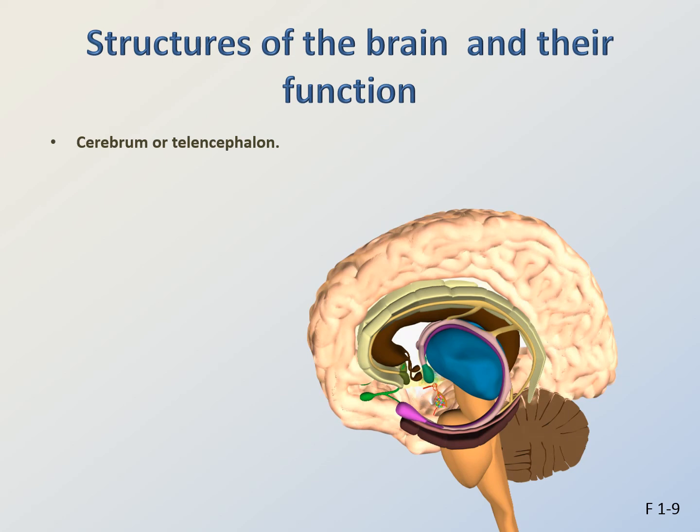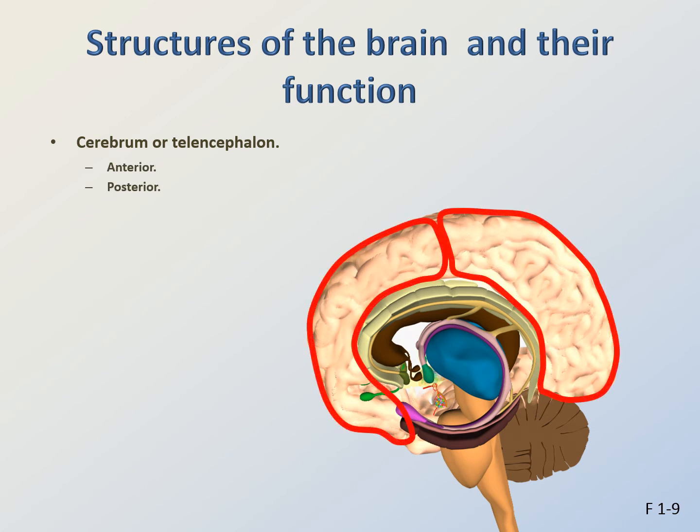The telencephalon or cerebrum is the largest component of the brain. Here we can see the anterior and posterior lobes. The cerebrum is divided into the cortex, which is called the gray matter because it is made up of unmyelinated neuron bodies, and the cerebral medulla, which is called the white matter because it is made up of myelinated axons and they appear whitish.